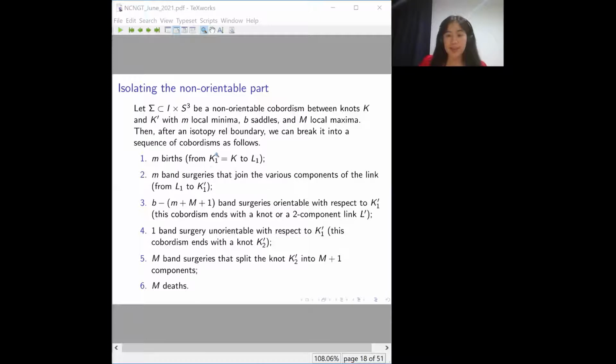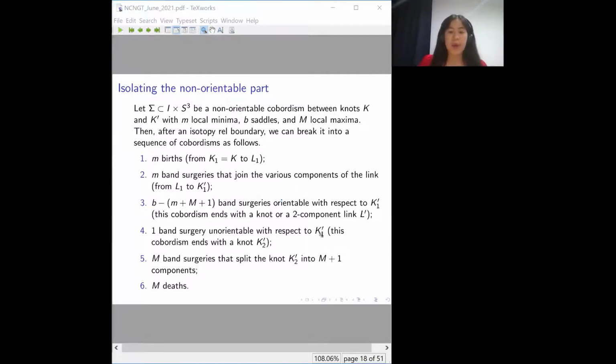the little m births, those are the local minima, and then little m band surgeries that cancel these births. Then you have these b minus m minus 1 additional band surgeries, consisting of bands which are orientable with respect to the knot that you got after doing your births and birth-canceling bands.